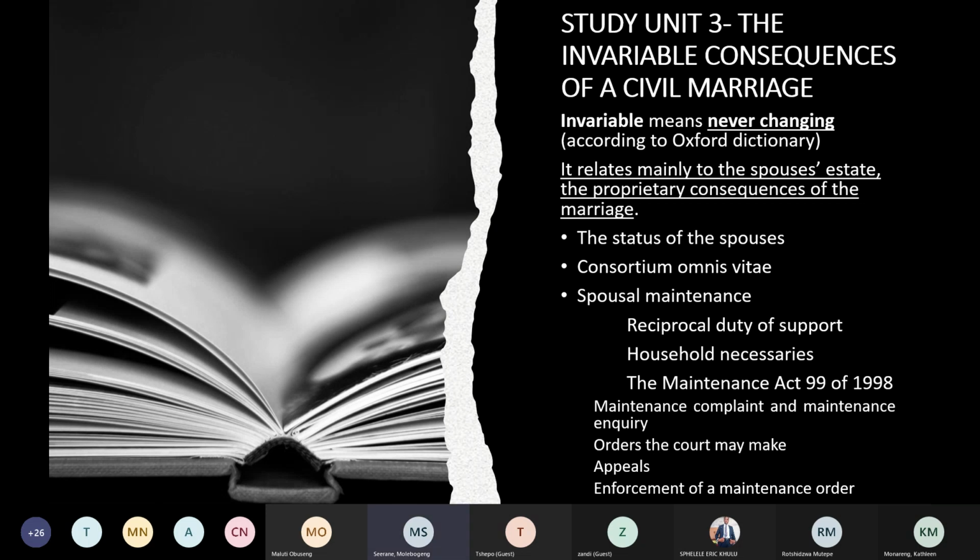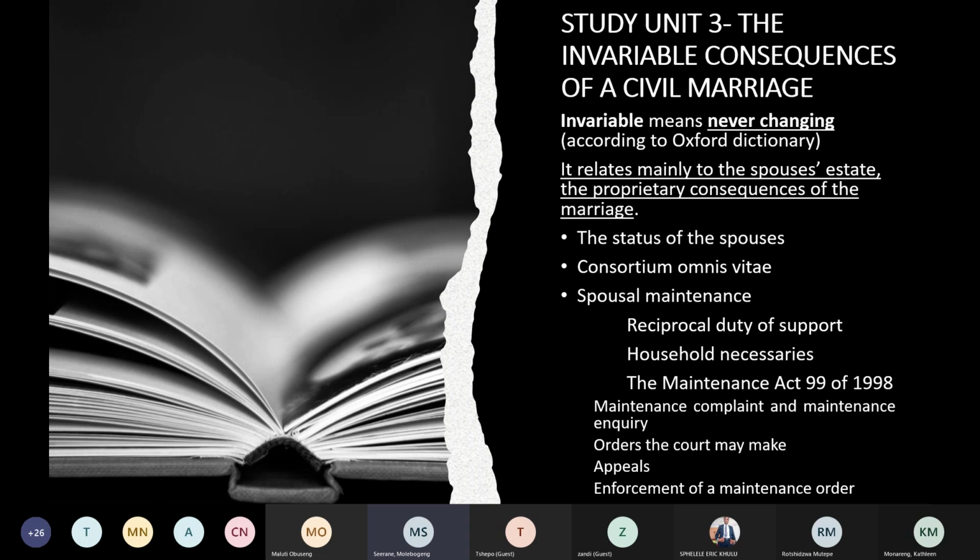But when the appeal has been brought to the High Court, it does not suspend the duty to pay the maintenance under the current maintenance order that has been issued.